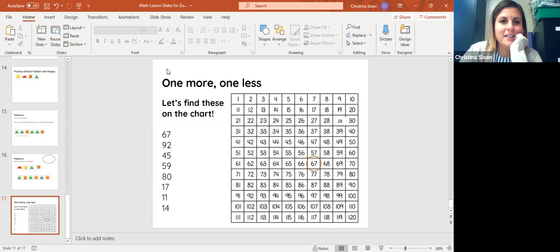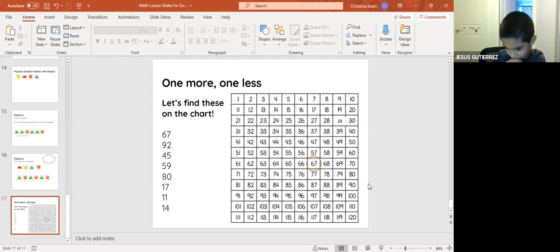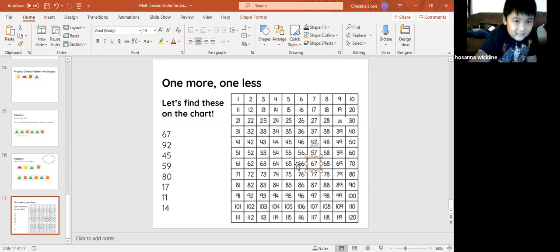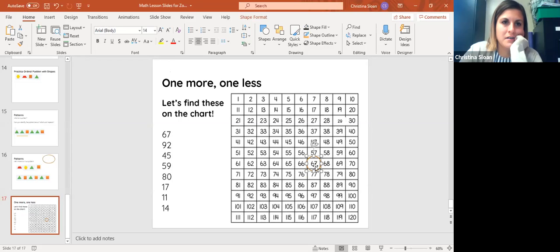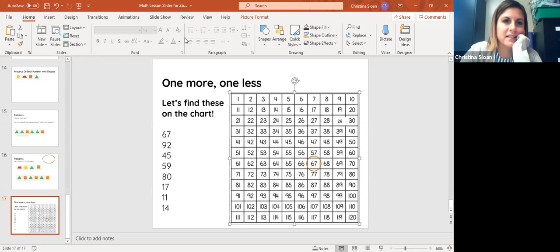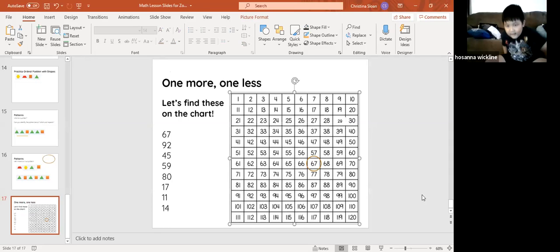Genesis, what's one less than 67? Are we going to the right or to the left? One less. 66. Perfect. So we're going to the left. We're going down one. 66. Nice job, Genesis. Thank you.